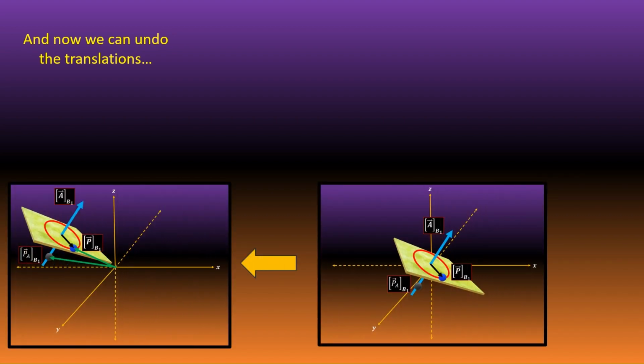Alright, so now we will undo those translations that we did in the first step, where we translated everything from the 1 point space to the origin. So we're going to undo that, as shown in that illustration below.